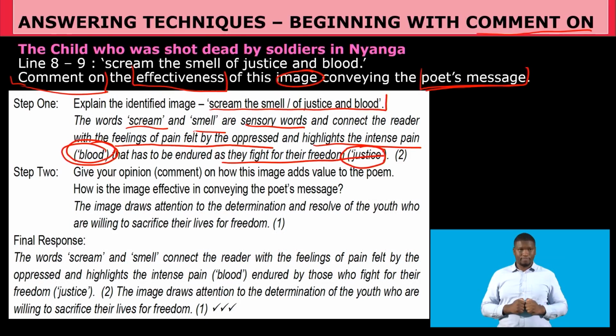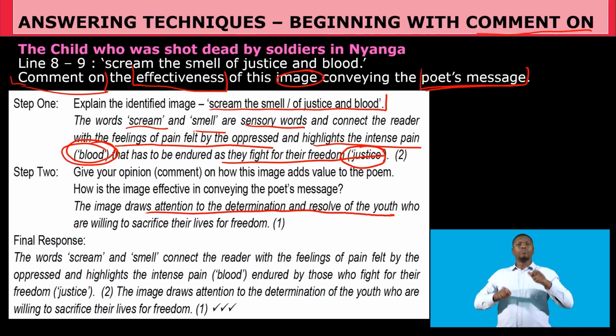So comment, the second aspect, so give your opinion, right? On this image, the image draws our attention to the determination and the resolve of the youth who are willing to sacrifice their lives for freedom.